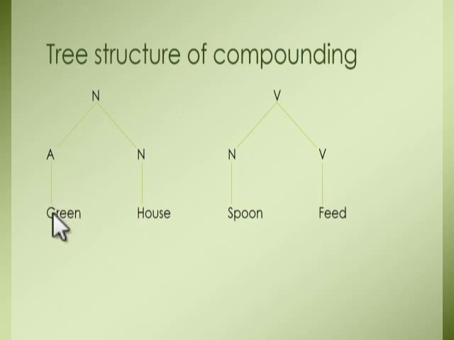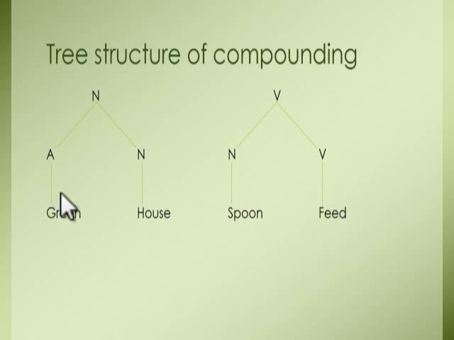So you have to separate the word. Because compounding consists of at least two words, you have to write those two words. Okay, and then decide the lexical category of each word. Yeah, for greenhouse, you have to write green separated from house, and then draw the line above, and then write the lexical category.